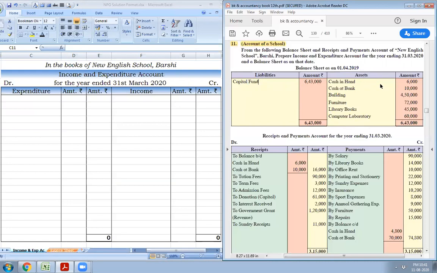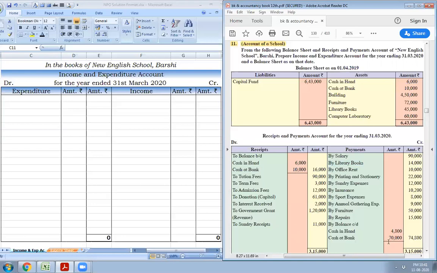Cash in hand, we will ignore this part, because the opening cash balance and opening bank balance is already recorded in the receipt and payment account. Throughout the year, there are various receipts and various payments, so there is a change in the closing balance.